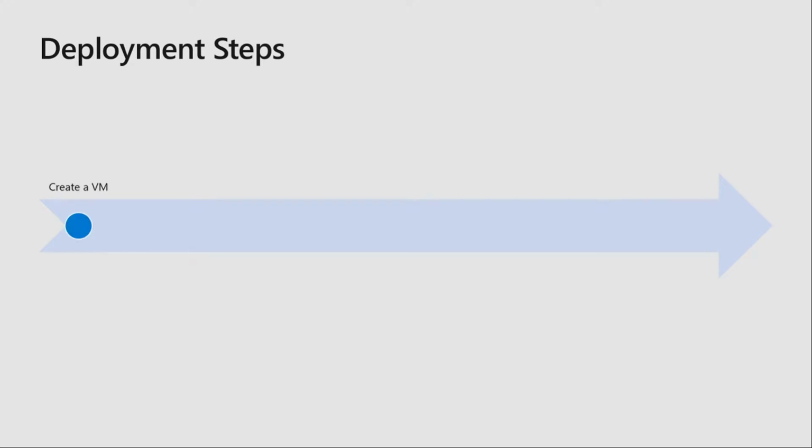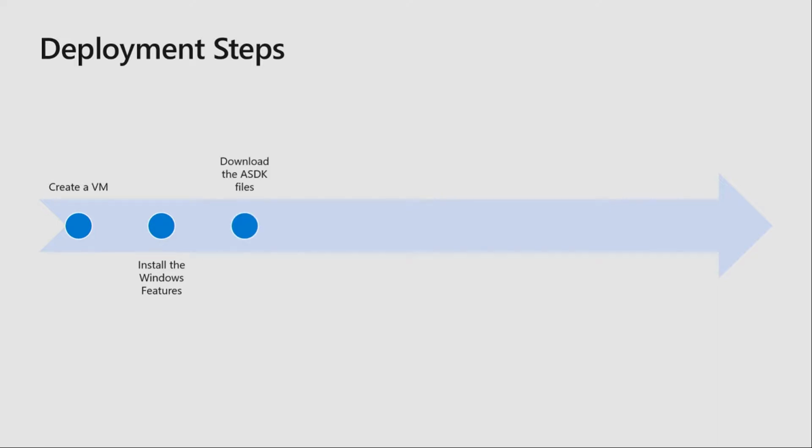Once you have the VM up, the next thing is there's a post-install script, and that post-install script installs all of the Windows features that are necessary for the Azure Stack Dev Kit to work. So things like Hyper-V, it needs the Active Directory management plugins, and a number of other roles need to be installed.